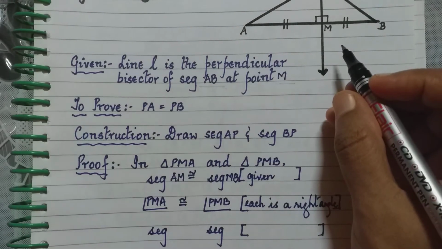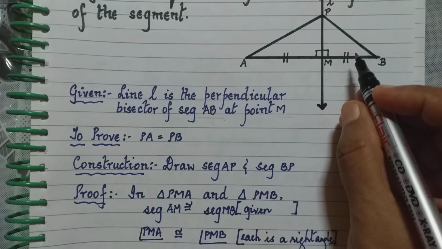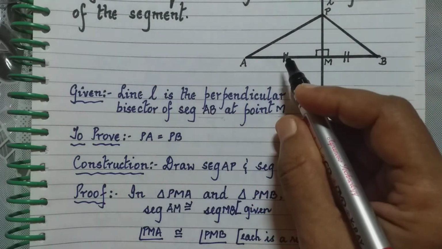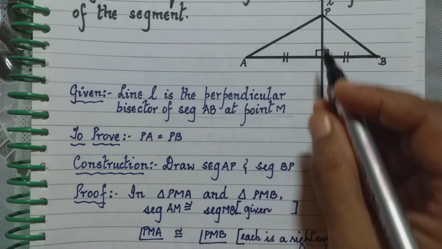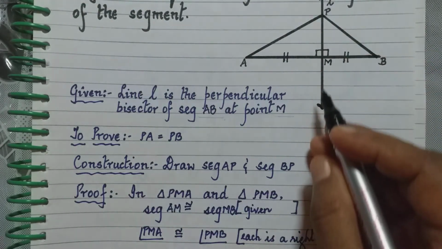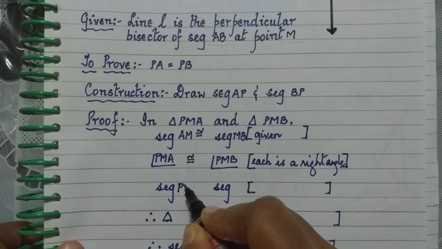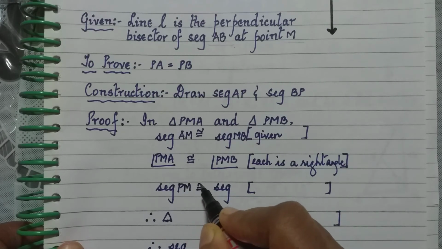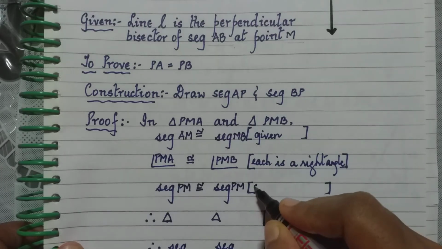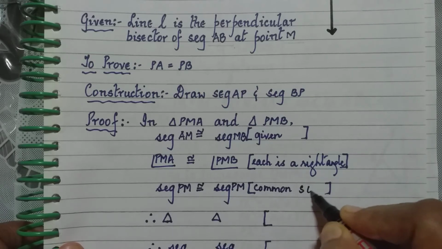Then we also have to say one more pair of sides are congruent. Now if you see this segment PM, it is common to both these triangles PMA and PMB. So we can say segment PM is congruent to segment PM. How is it possible? Because it is the common side.